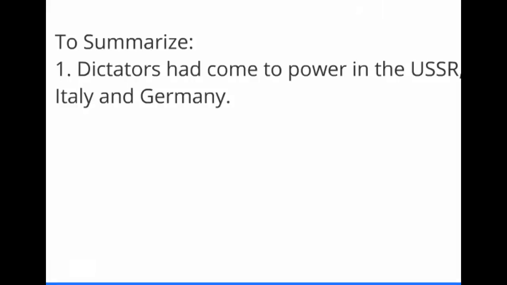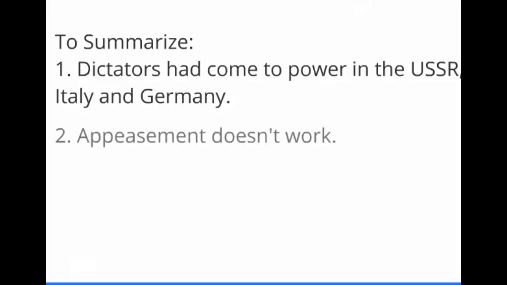So let's sum up. The dictators had come to power in the Soviet Union, but the key concern for us are Mussolini in Italy and Hitler, of course, in Germany. As Germany started to annex Austria and the Sudetenland in Czechoslovakia, Britain and France tried to appease him, let him keep what he had already taken in exchange for a pledge not to take any more territory.